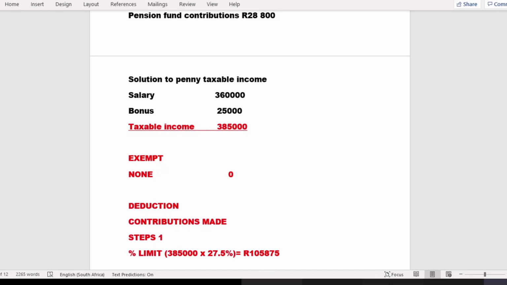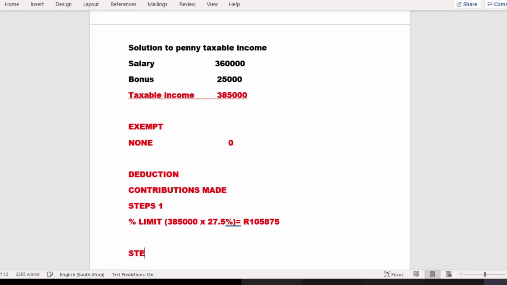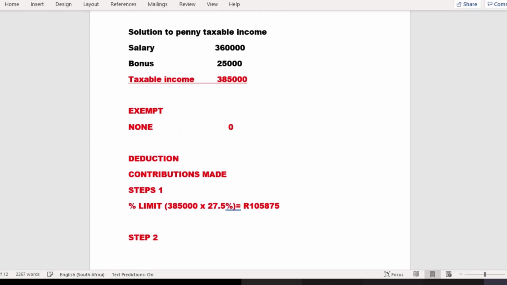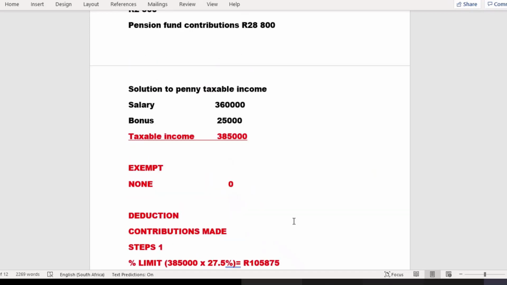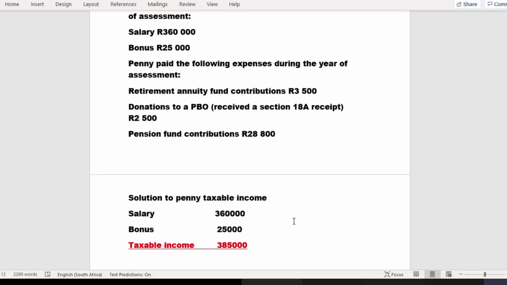So number two, you're going to look at how much you have contributed, how much is your actual contributions. Step two, actual contributions. You're going to look at, let's go to the question itself. Contributions were made in terms of your retirement along with your pension fund contributions.